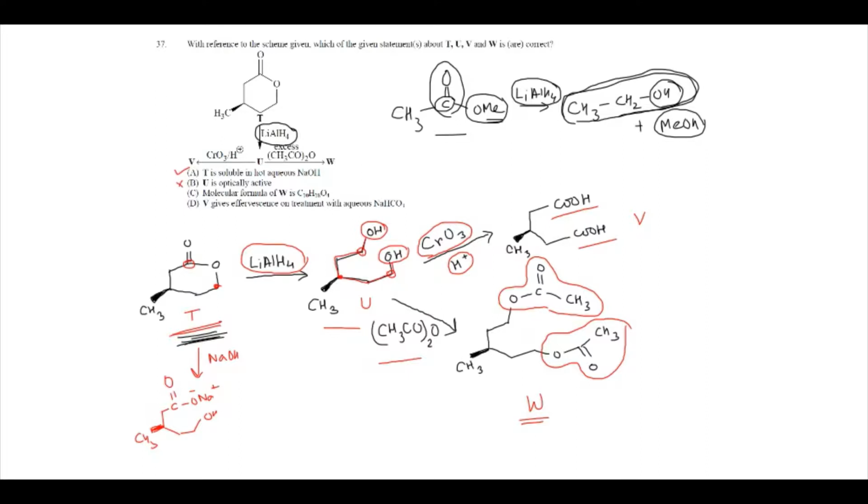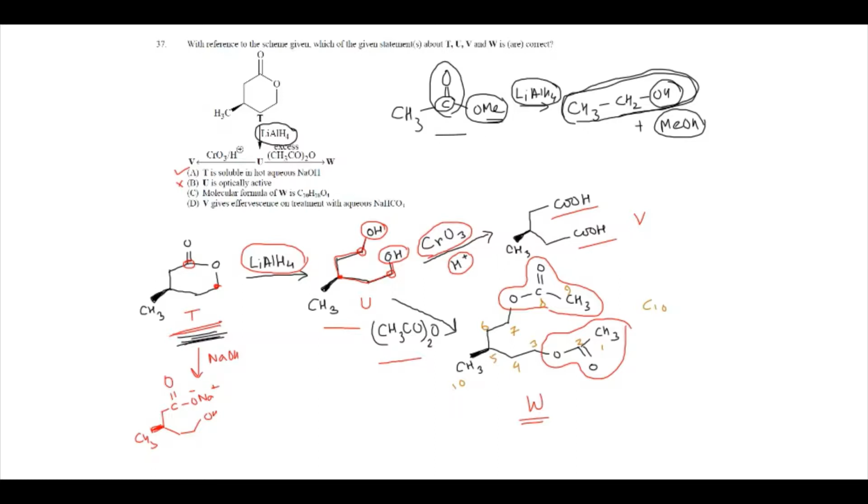Option C, molecular formula of W is C10H18O4. So let us count. How many C do we have? 1 C here, 2, 3, 4, 5, 6, 7, 8, 9 and 10. So C10, fine, it is matching till now. How many H do we have?